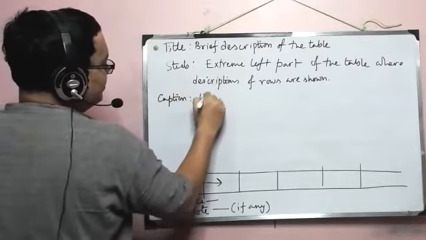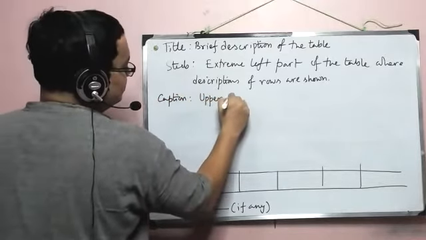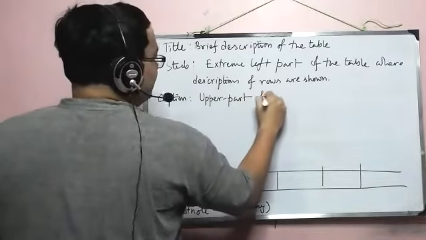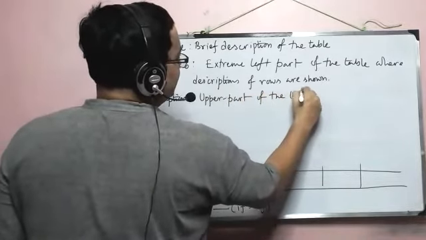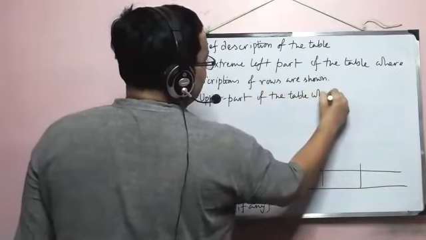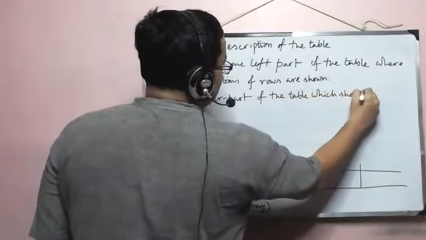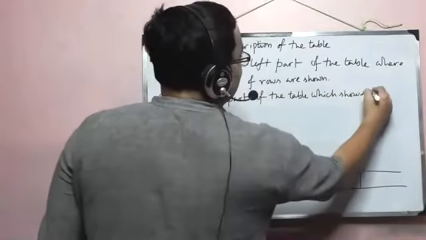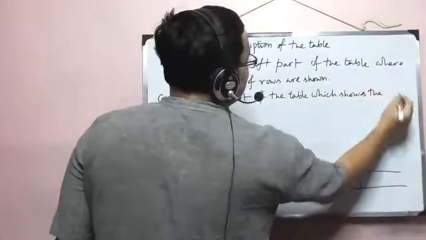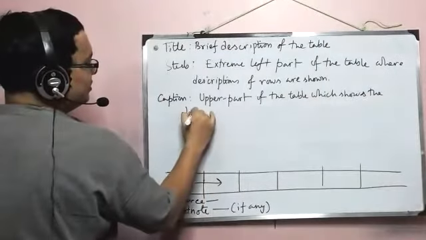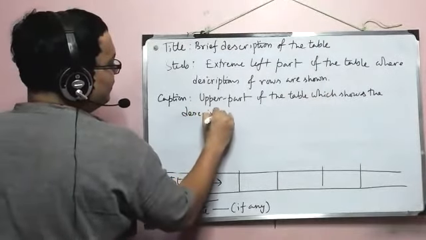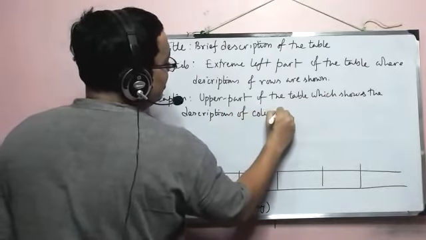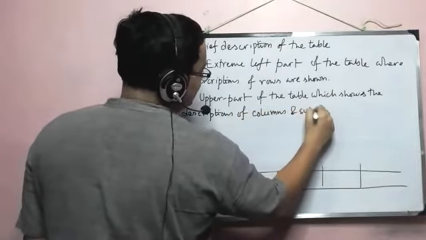That is the upper part of the table, which shows the description of columns and sub-columns.